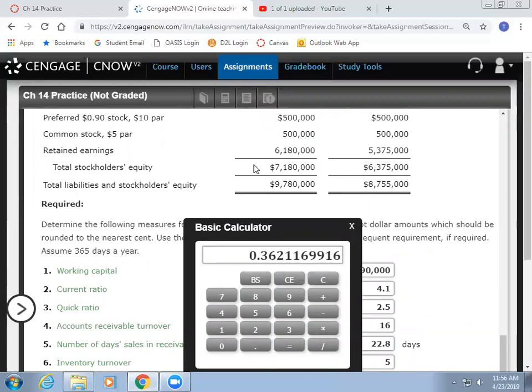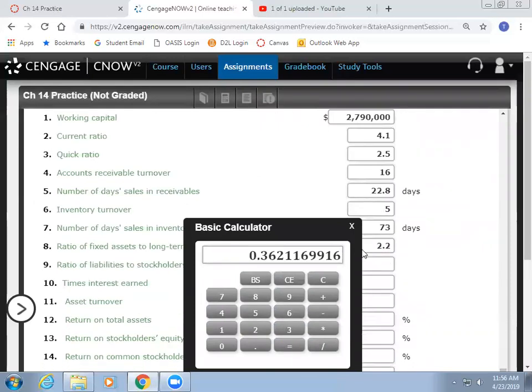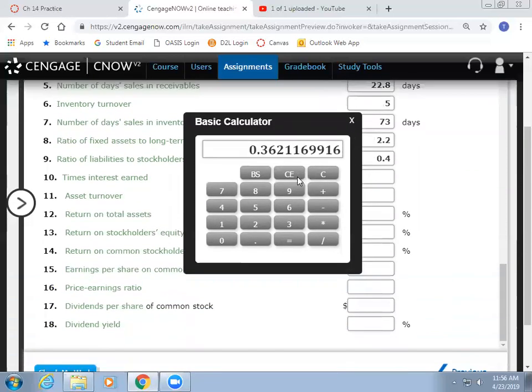And I get 0.362, so that's going to round to 0.4. So long-term liabilities make up 0.4, 40% of our total stockholders' equity.